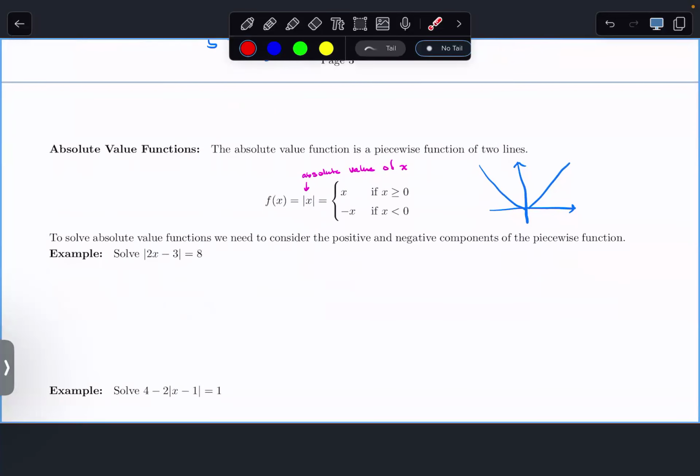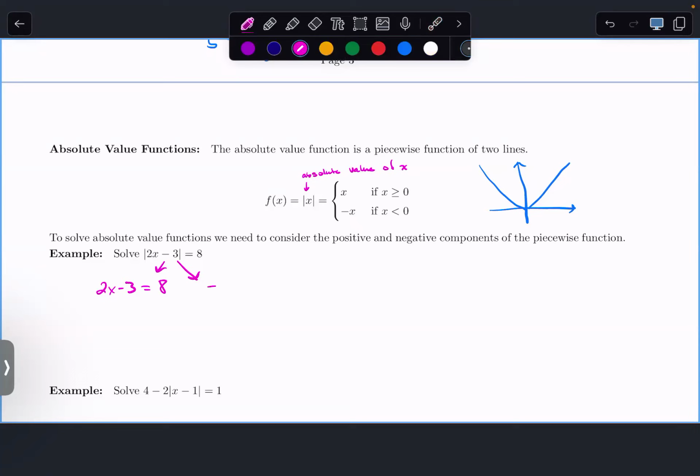So what if we have to solve? I'm kind of showing you by example. If you have to solve the absolute value of 2x minus 3 is equal to 8, okay, then what we're going to do is consider first 2x minus 3 is equal to 8, but we also have to consider the negative version of the inside.